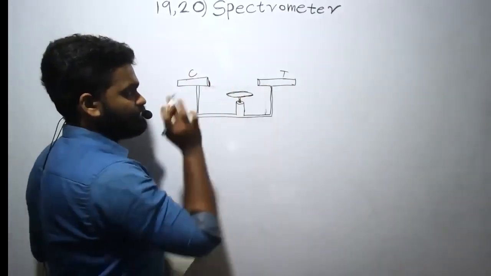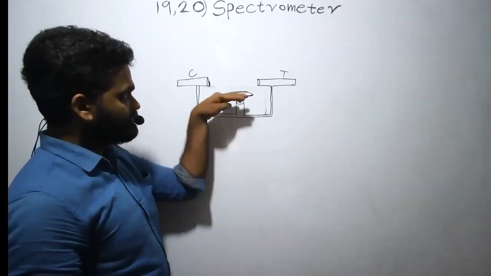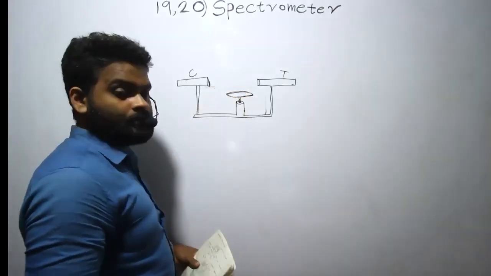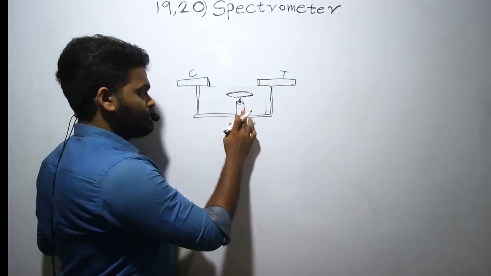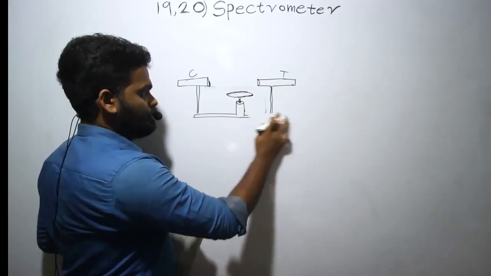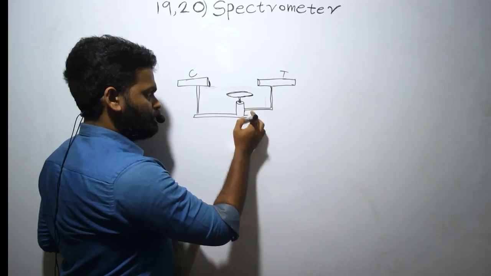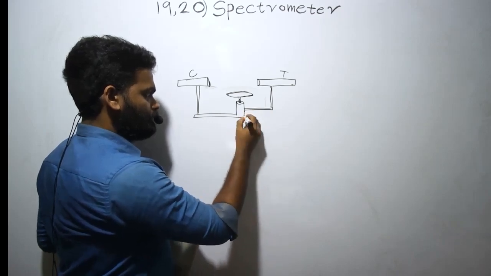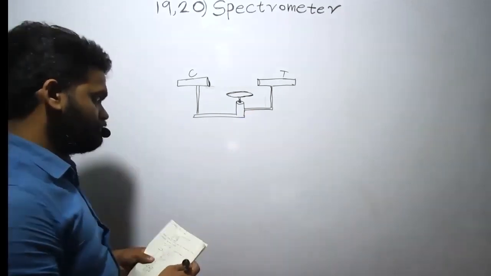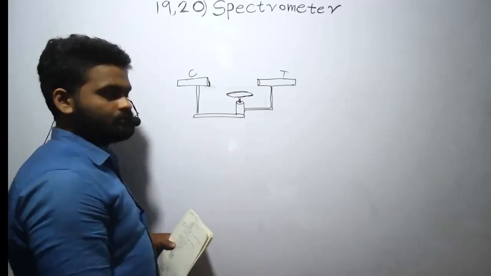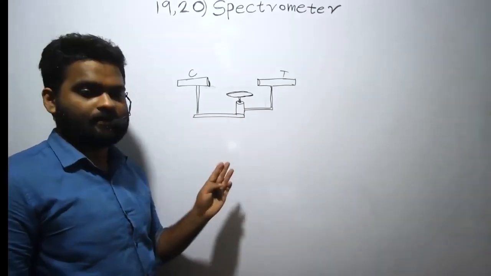Collimator, telescope, and the prism table. Right?